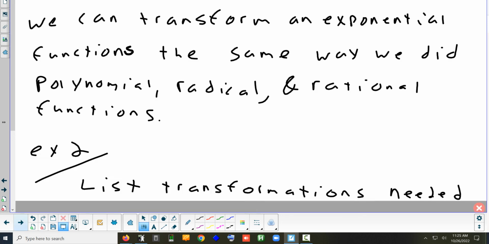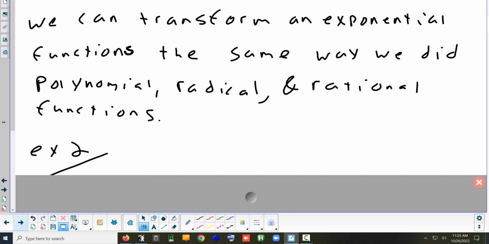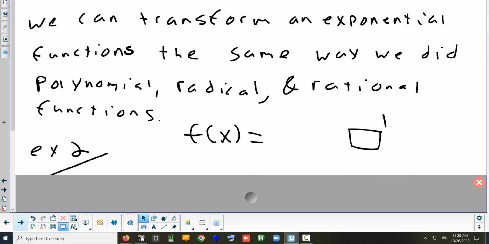So we can transform these functions exactly the same way we've transformed everything. Here's like a template. Okay? So f of x equals, let's say we had some number raised to, multiplied by a number in front of the x. Add or subtract a number. That's all inside the exponent. So that would be considered inside the function.